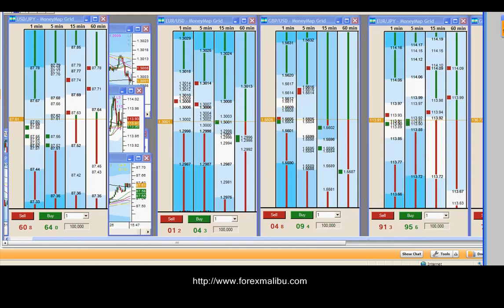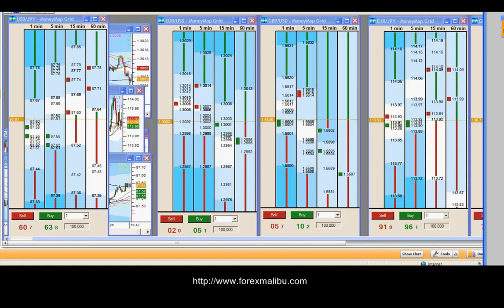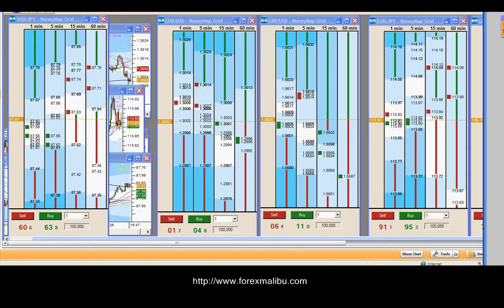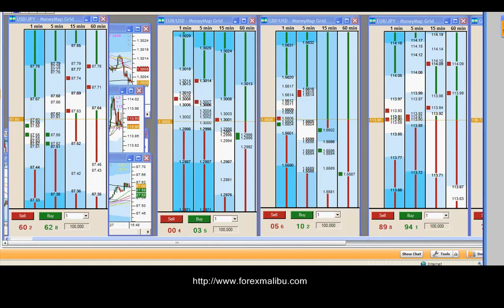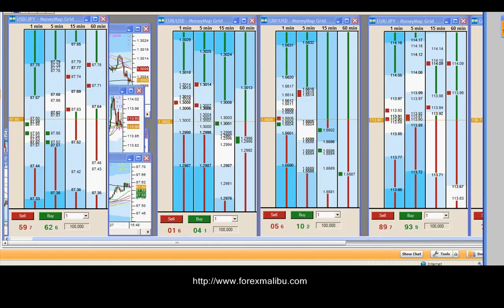But again, this euro dollar is testing its 1 minute norm as well, and if that can push lower through this, then we should get an extended move. We are sticky around these norm lines. You see the euro dollar, euro yen, and dollar yen are all at their 1 minute norm lines.